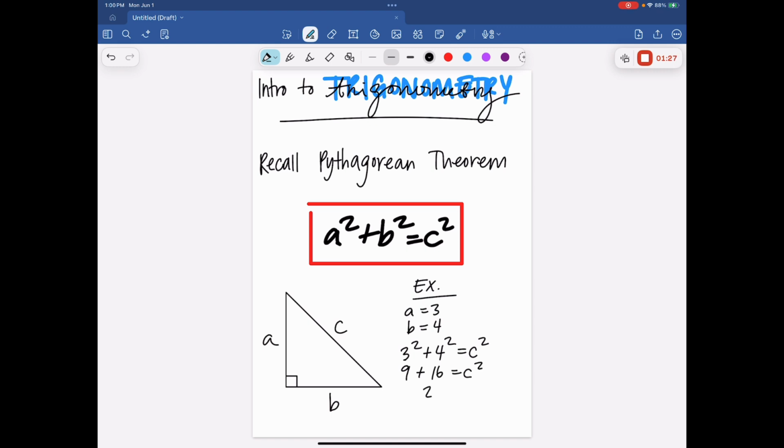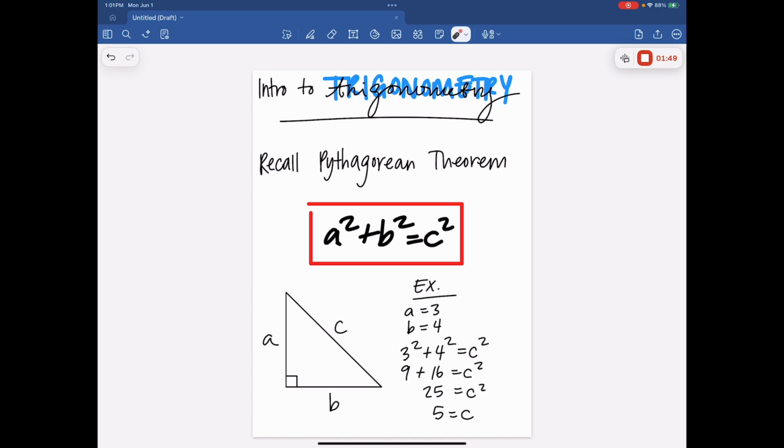Combining those two terms, we get 25 is equal to C squared. To get rid of the square term, I'm going to take the square root on both sides. Therefore, 5 is equal to C. And this is a commonly well-known triangle used for the Pythagorean theorem, a 3, 4, 5 triangle.